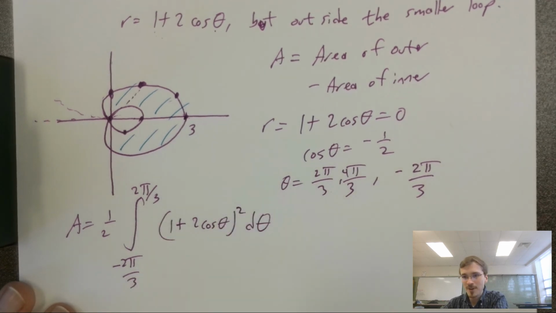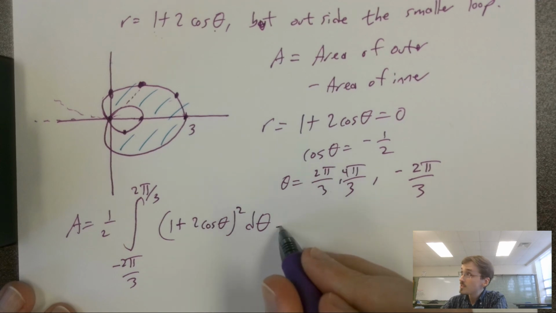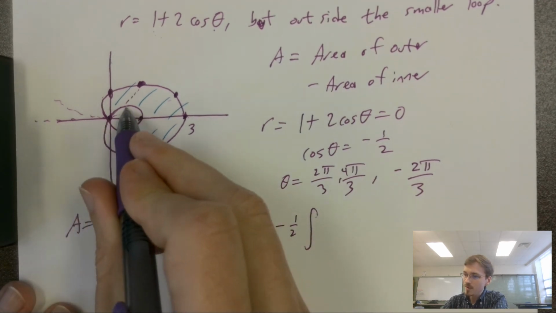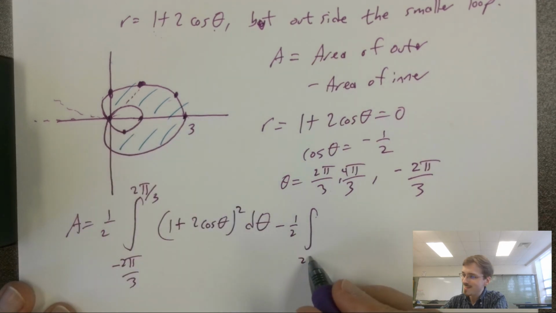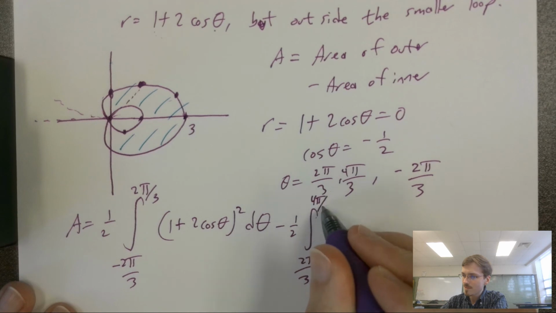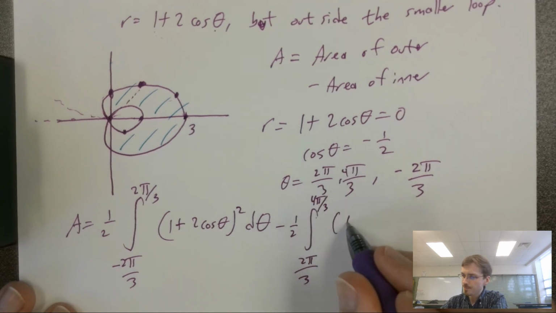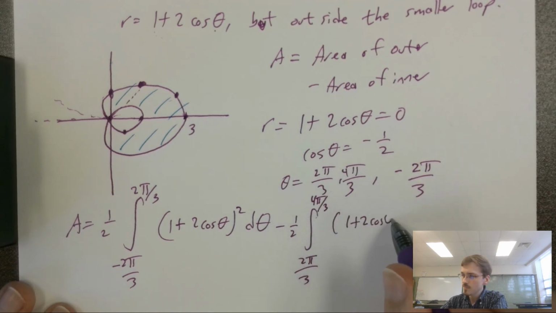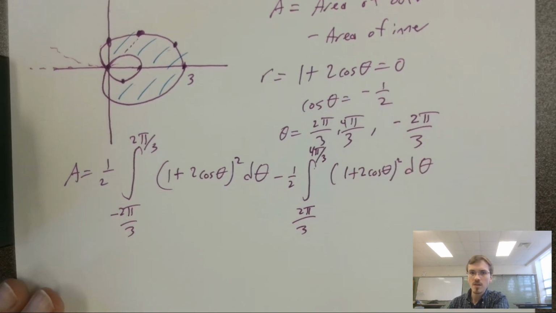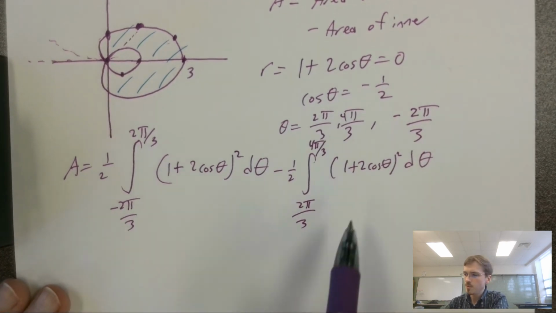Here's my outer area. But we need to subtract 1/2 the integral from 2 pi over 3 to 4 pi over 3 of the same curve. So pause the video, work out these integrals.